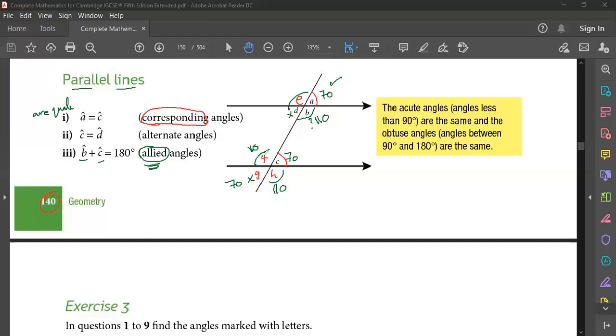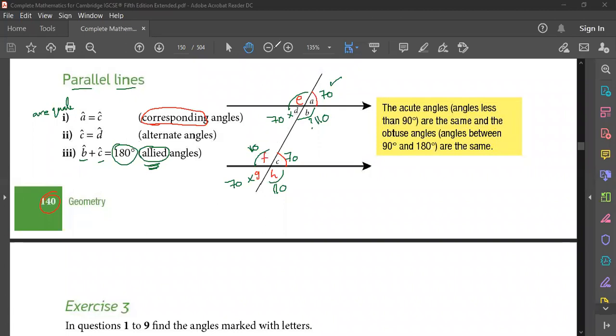And D and F, they are allied, and they add up to 180. So if this is 110, D equals what? If F is 110, what about D? How much is that? 70. 70, because they have to add up to 180.